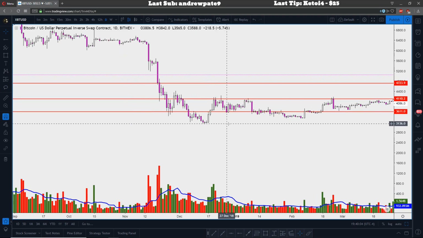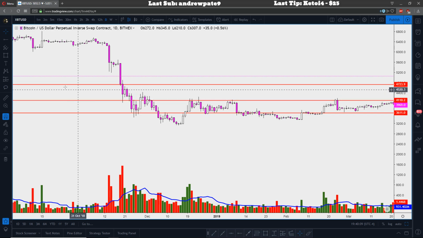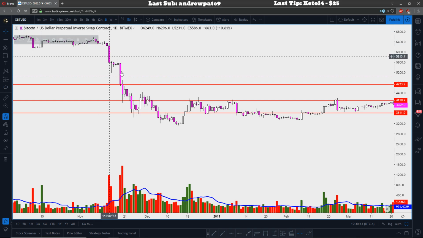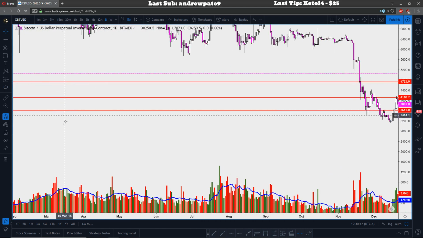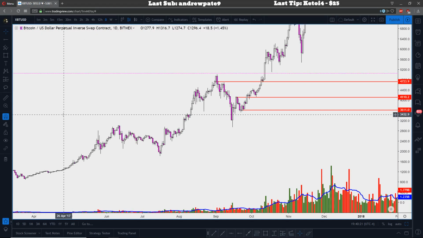Because if you think about what you're looking for, if I'm taking these levels here on this cluster, these levels are reacting to previous levels. And these levels are reacting to previous levels. You see what I'm saying?